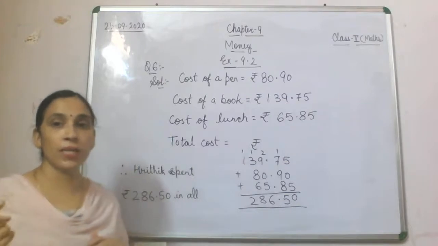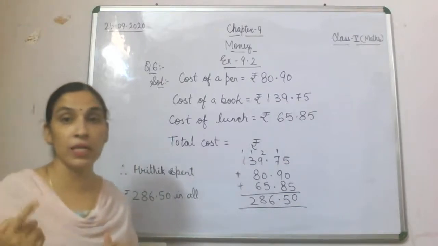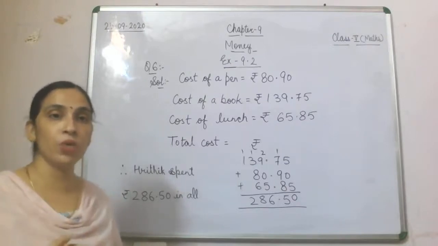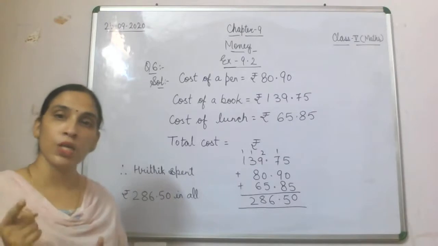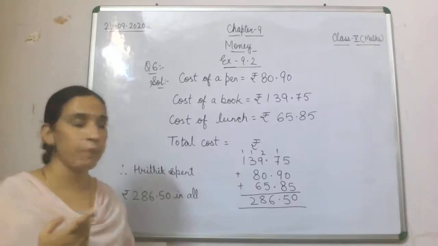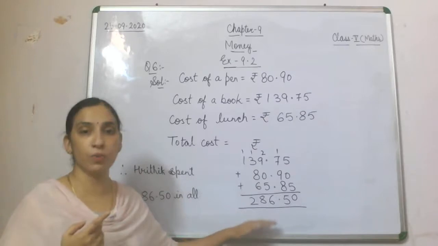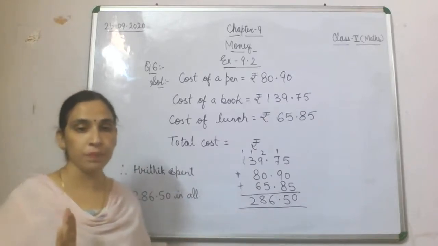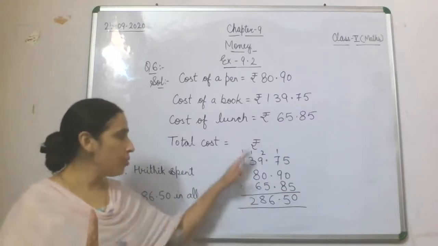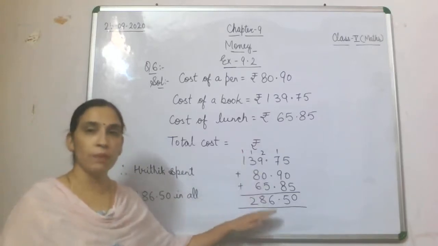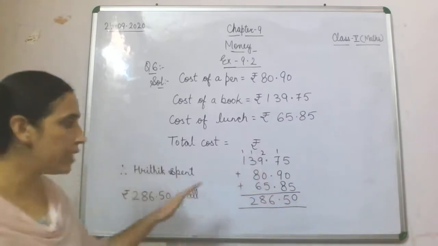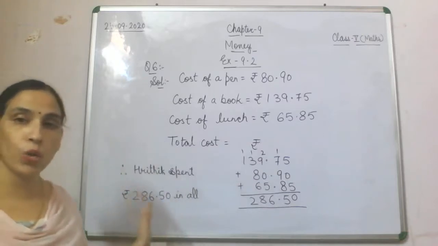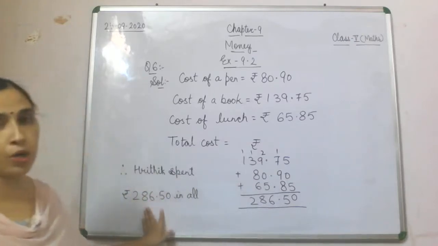That's why I was telling you in those questions that arranging into a column plays an important role when we are doing word problems. So arranging of amounts is also a particular part of the question. Now we have arranged in the form of a column and done the addition. Therefore Ritik spent rupees 286 and 50 paisa in all.